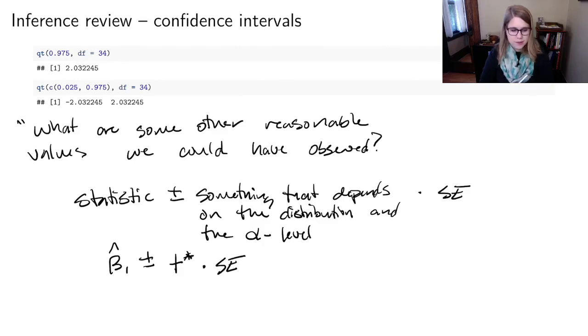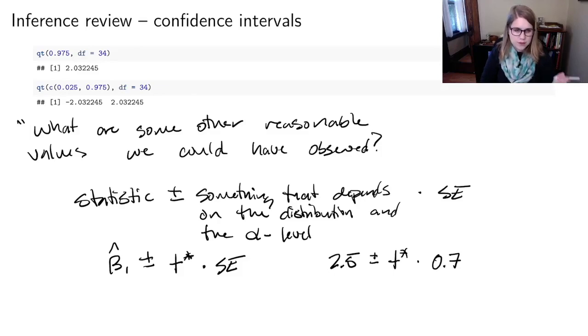Let's use that same example I was using before. So my beta 1 hat was 2.5, plus or minus some t star times the standard error, which was 0.7. And so the thing that is going to be challenging is finding that critical t star value.